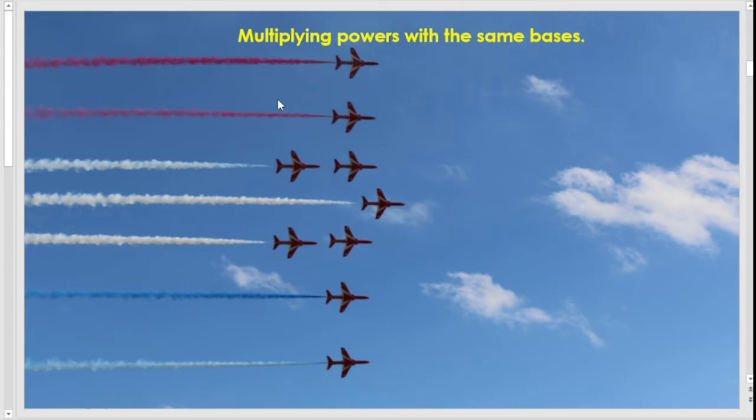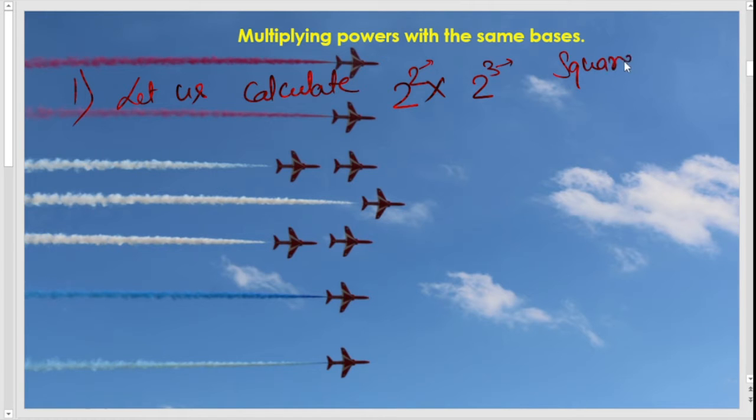Now, taking an example of multiplying powers with the same base. Let us calculate 2 squared into 2 cubed. I taught you that when the power is 2, it is called squared, and when the exponent is 3, it is called cubed.